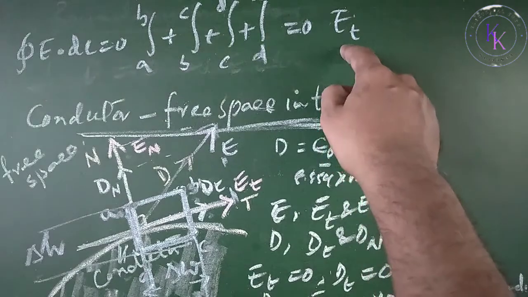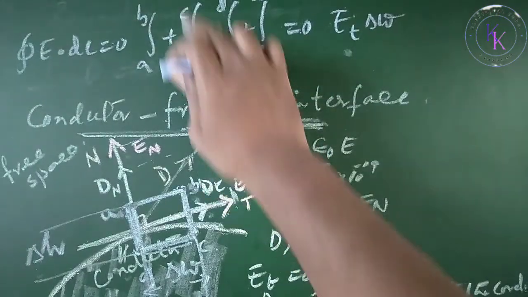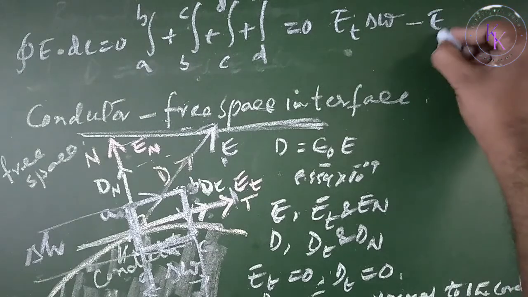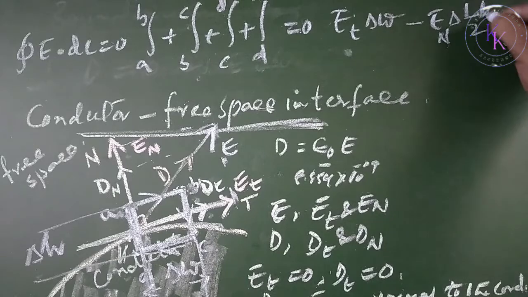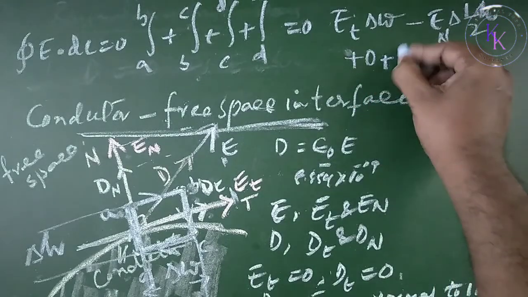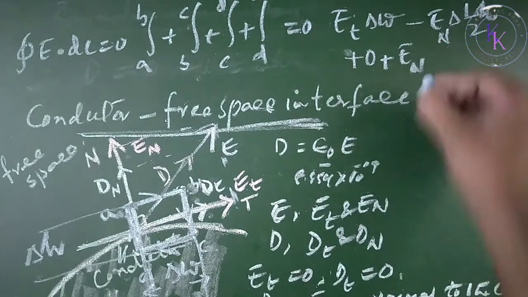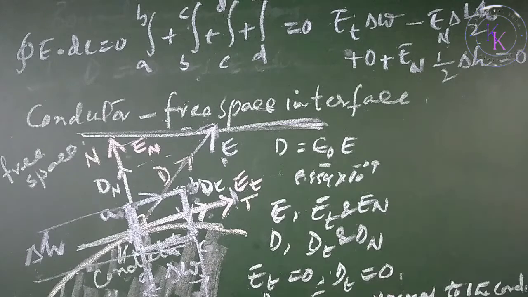Along AB, it is Et multiplied by delta W. Integral B to C is En times half delta H, plus 0, plus En times half delta H, equals 0.